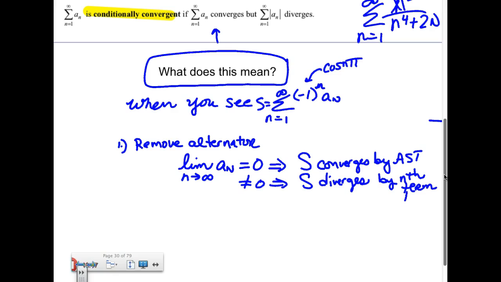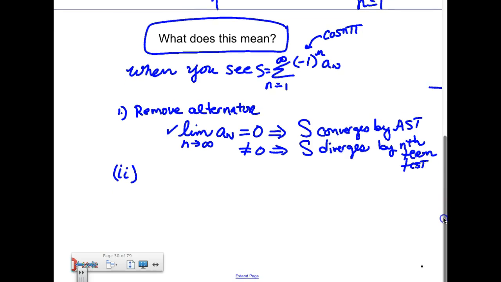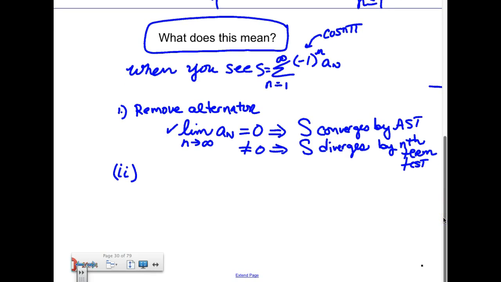Okay, so once you've decided that it converges, you're now going to classify it as absolutely convergent or conditionally convergent. What that really means is, did it really even need the alternator?